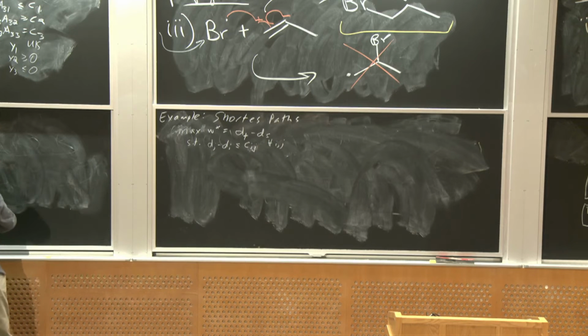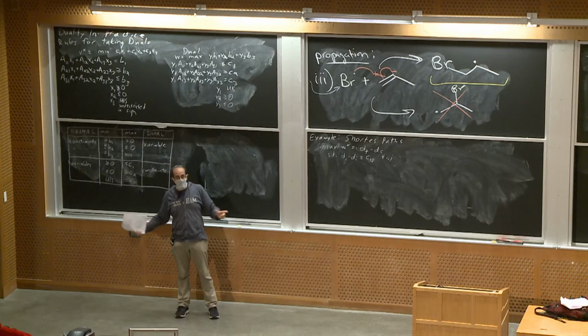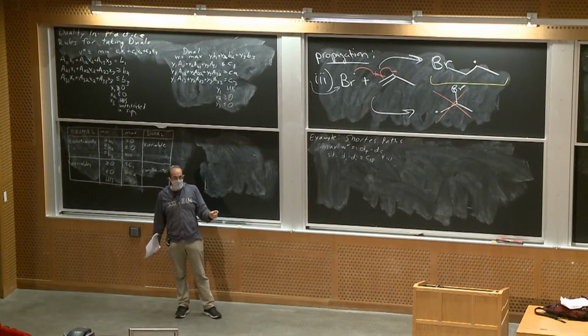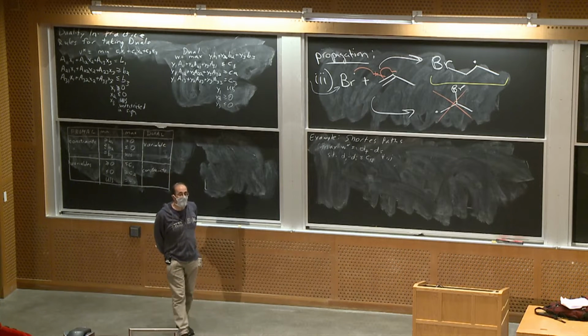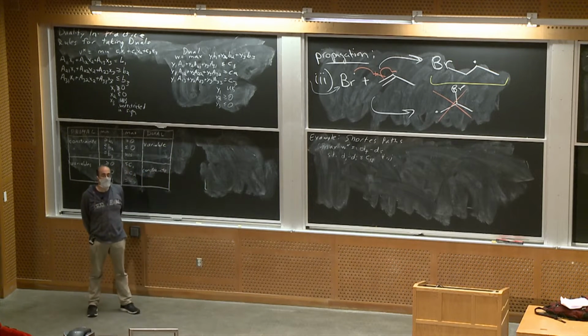Okay? So we're trying to spread the vertices as far apart as we can, but we're constrained by the lengths of the individual edges. Okay? So does everybody buy this as a formulation of shortest paths?